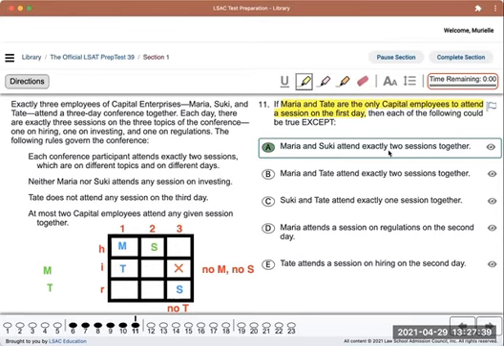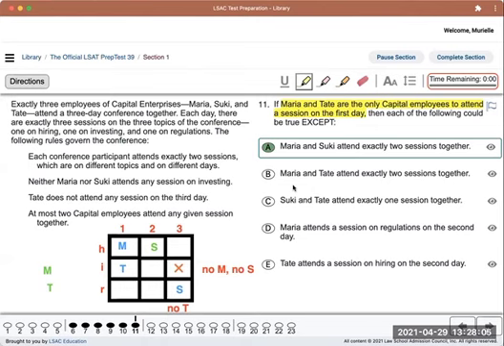So that one was easier than I thought, for sure. And it was just a matter of I misread or completely missed this. I made a deduction based on it, and then I just went forward with only that deduction and not the condition itself. So yeah, M and T actually do have to attend a session on the first day, right?